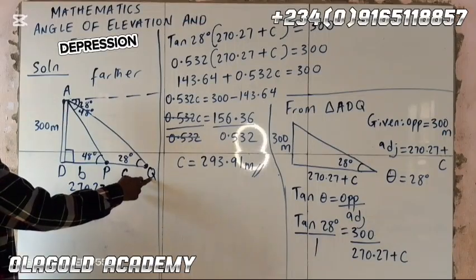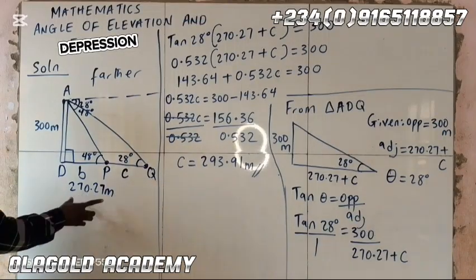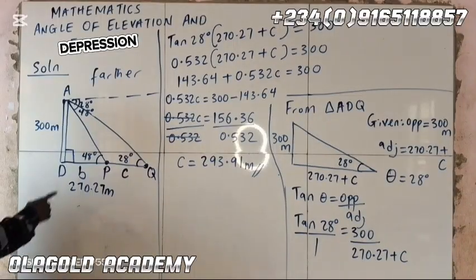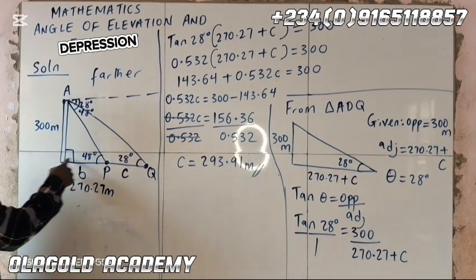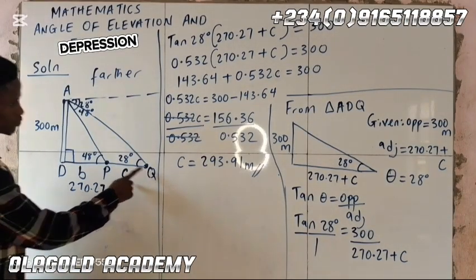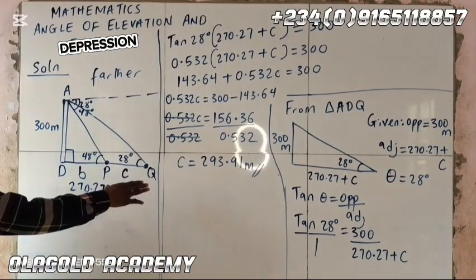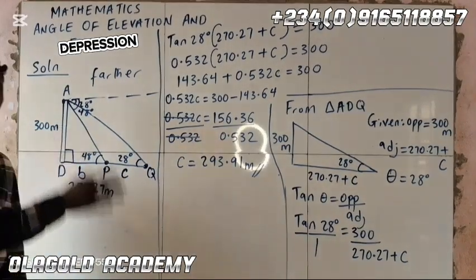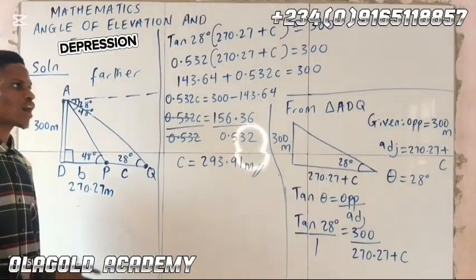So you add this value and this value together to get the distance from the foot of the tower to the car Q. That is the answer for the first question. The second question now, let's see how we are going to solve it.